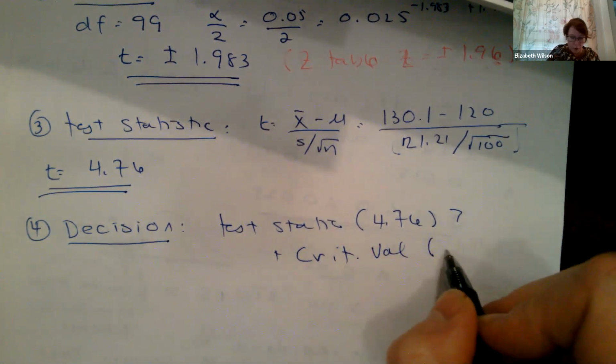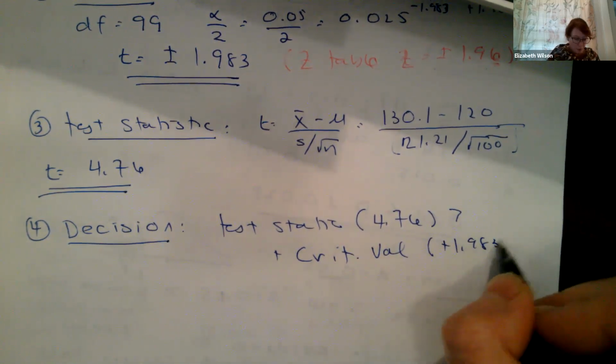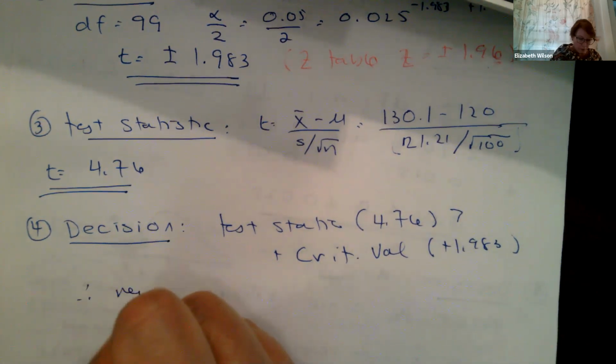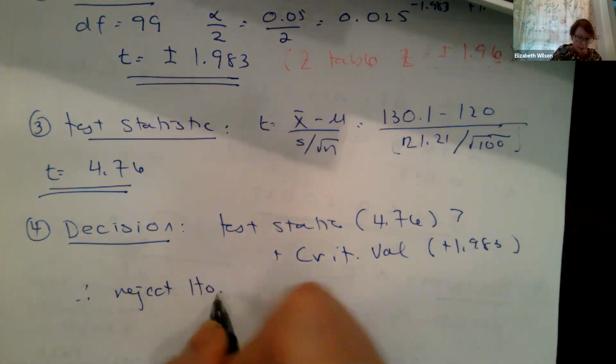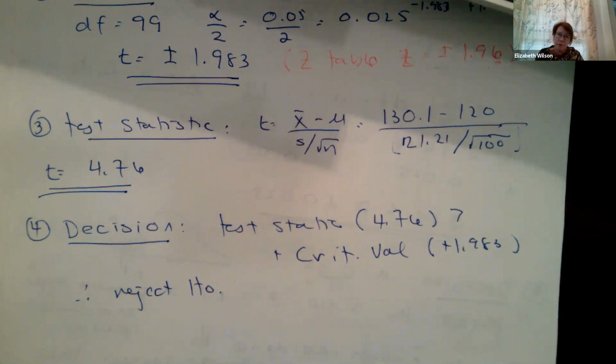Therefore, I can reject the null hypothesis and say definitely that there's a difference between the blood pressure of those who participated in the Honolulu Heart Study and those in the general population, not in the Honolulu Heart Study.